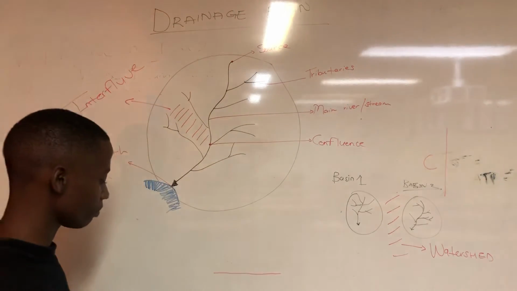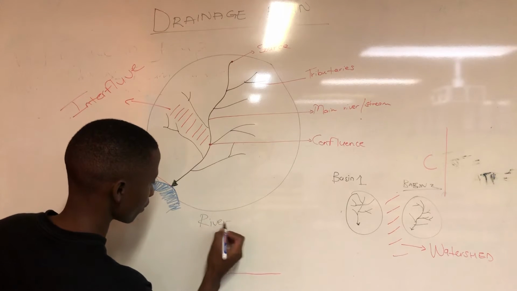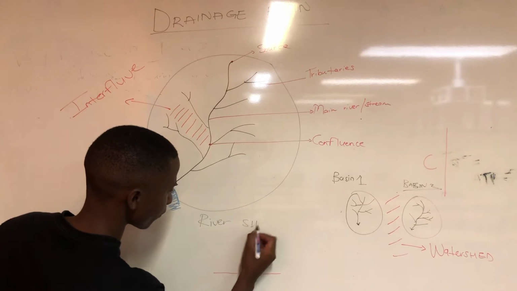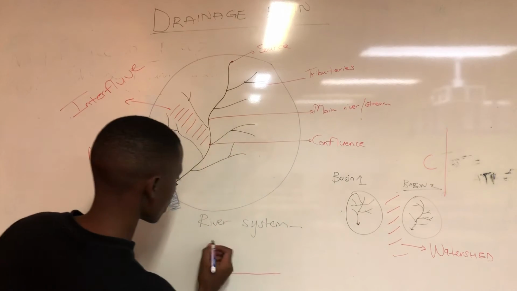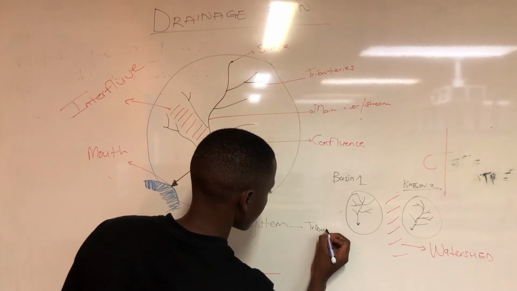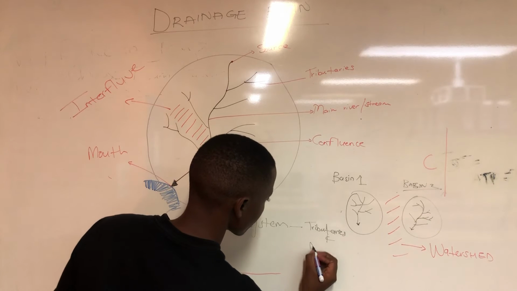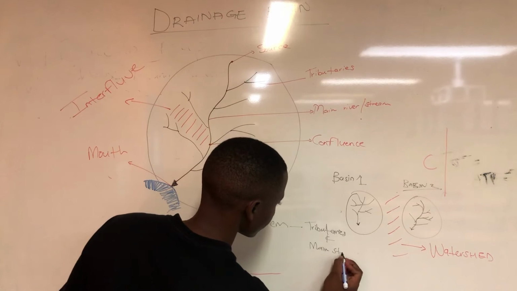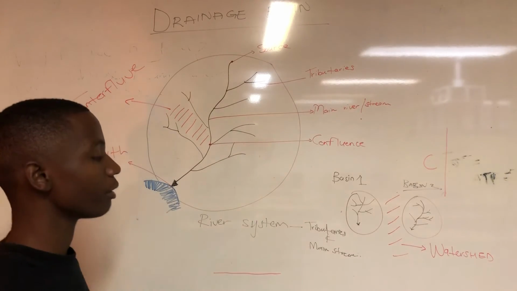When we talk about the river system, we talk about tributaries and the mainstream.